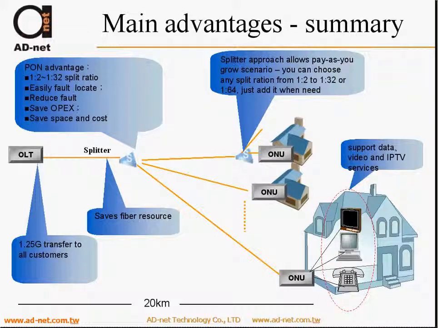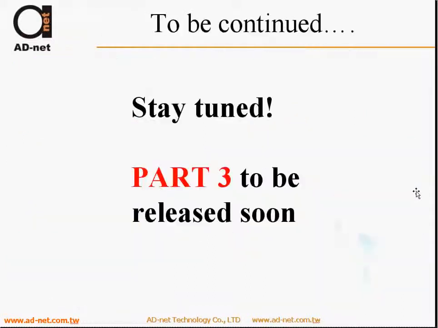Here you just install the fiber and the splitter, and then you wait for the customer to appear. And again, it's total video, data, and IPTV or traditional CATV. GEPON is flexible. You can offer IPTV, and you can offer CATV services on the same fiber. That's what we wanted to say.